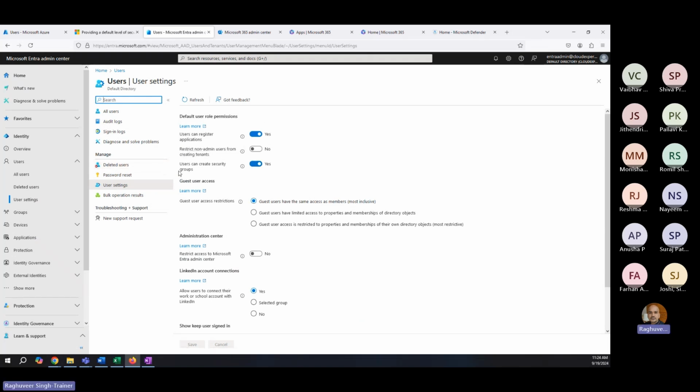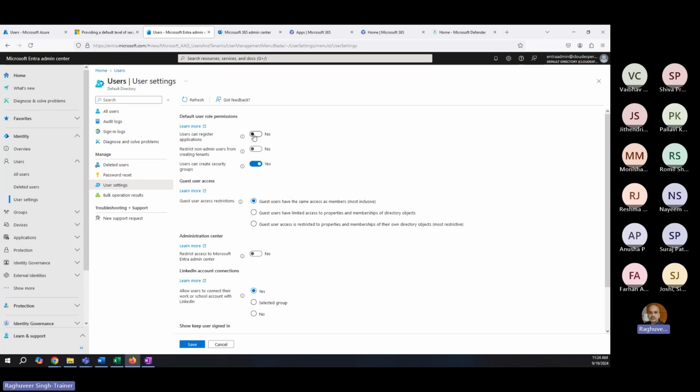So what are my options here? The first option is default user role permission, which is user can register applications. By default, it is available. I can say no. I can drag it to the left, and then no user will be able to register applications.